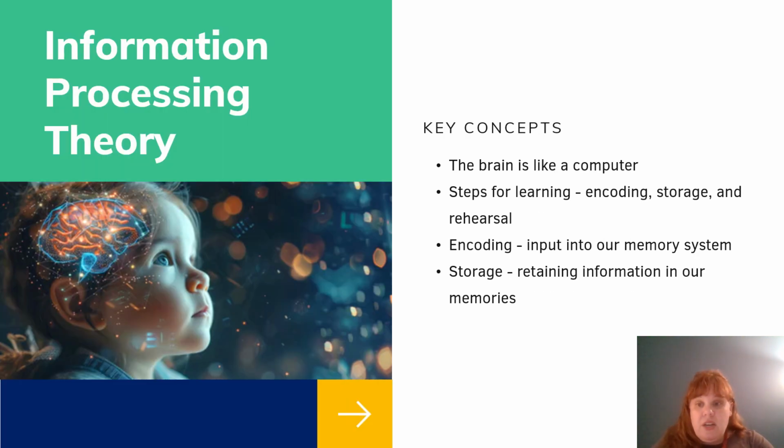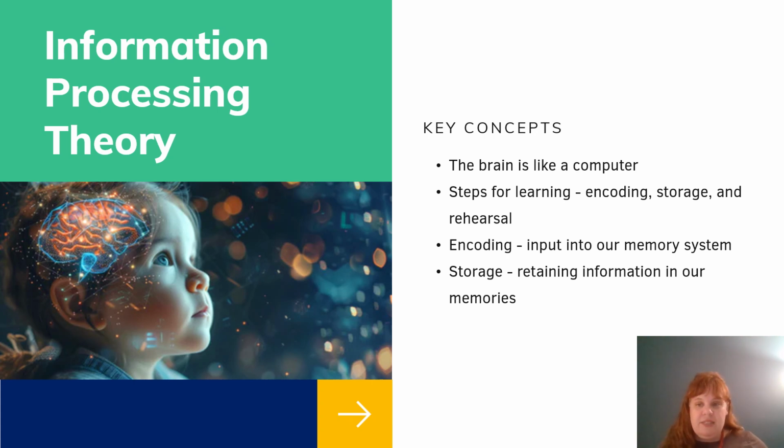The last theory I want to talk about is not associated with a specific person like the other two, but this is information processing theory. The other two are constructivist theories, which are about how we make meaning. This is different. In this theory, the idea is the brain is like a computer.